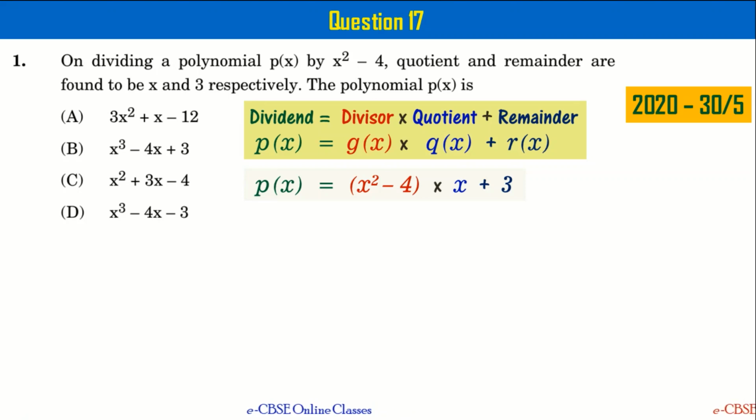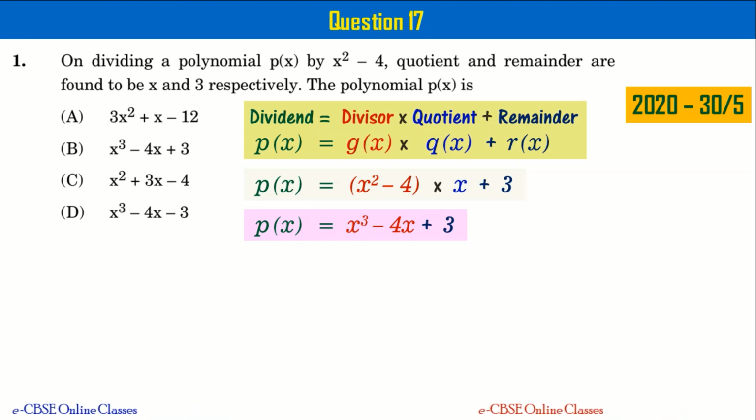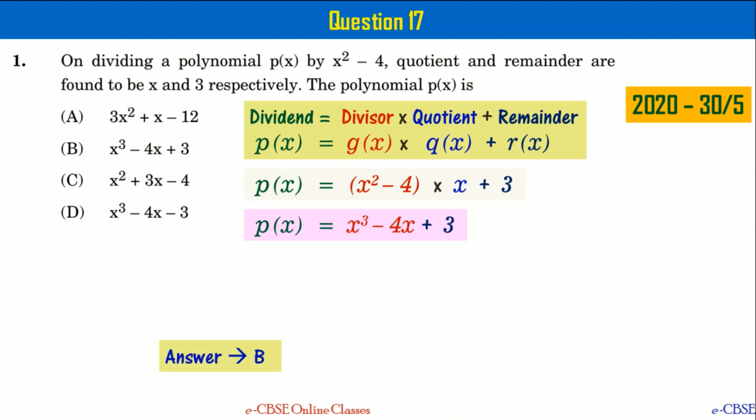So p of x can be written as x square minus 4 times x plus 3. When you simplify it, it becomes p of x equal to x cube minus 4x plus 3. So the answer is choice B. This is not completely making use of the division algorithm for polynomials, but it's partly using it. Anyway, we are going to explore such problems where the division algorithm is utilized.